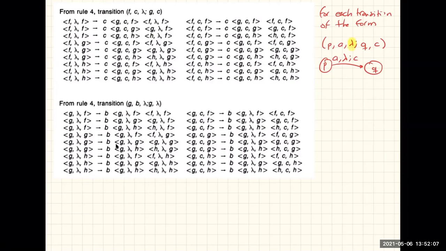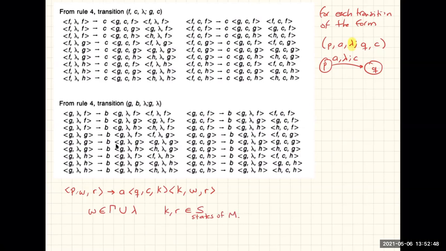So for each transition of this form, we need to add rules with the form. I will put it just below so that they align and are easy to understand. P, W, R, A, Q, C, K, K, W, R, where W belongs to stack symbol or lambda, and K and R belong to S, which are the states of the machine.